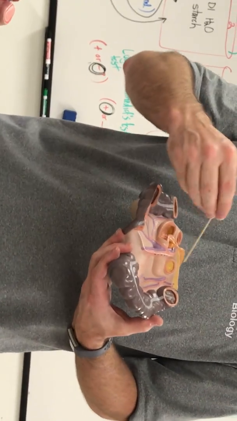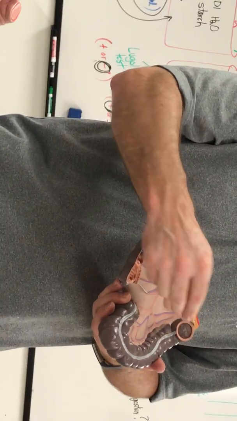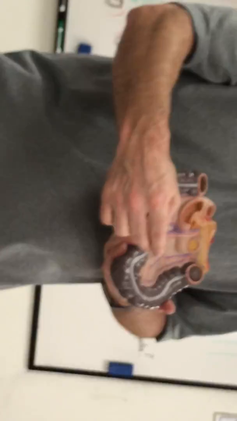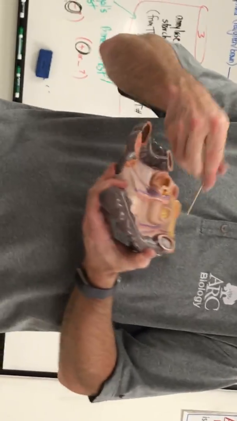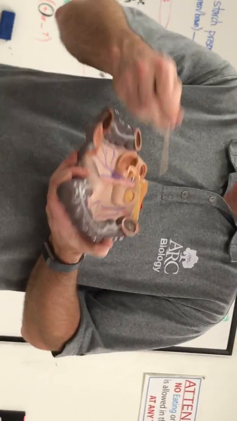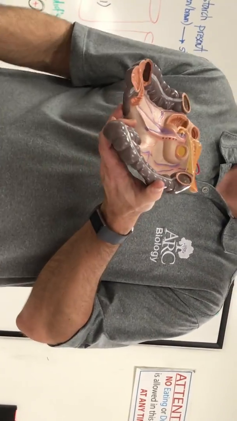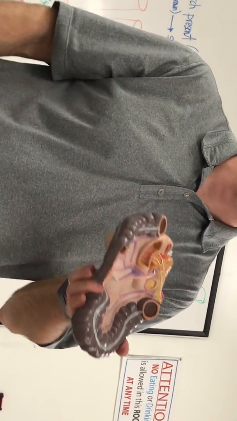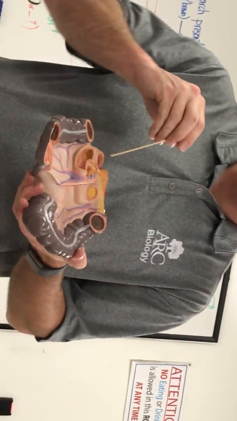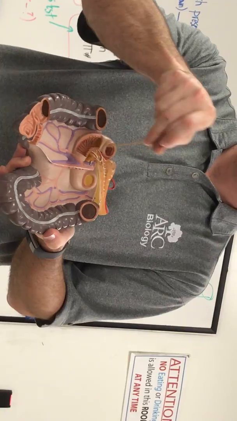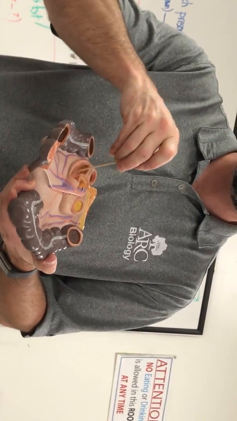How about the mesentery that goes down to the sigmoid colon, right in here? Sigmoid mesocolon. The yellow in here. Chyme. Oh, that's chyme. This organ here. Duodenum. The ridges.